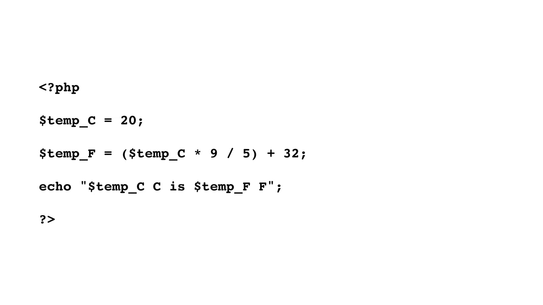That's how you convert from Celsius to Fahrenheit. And then in the echo statement here, we're saying temp_c, which in this case will be 20, C is temp_f, whatever that works out to be, don't make me do it, F. And so you can see there how we can do some maths in PHP also, but here we are substituting two variables. There's two variable substitutions going on here in this one string.